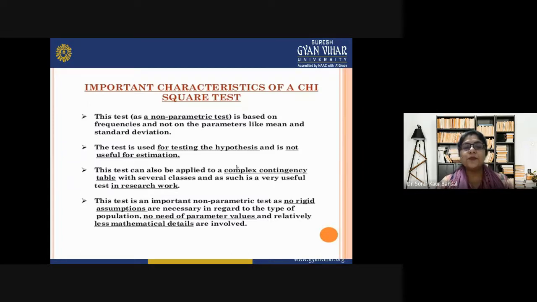This test is an important non-parametric test, students, as no rigid assumptions are necessary regarding the type of population. No need of parameter values and relatively less mathematical detail is involved in it.